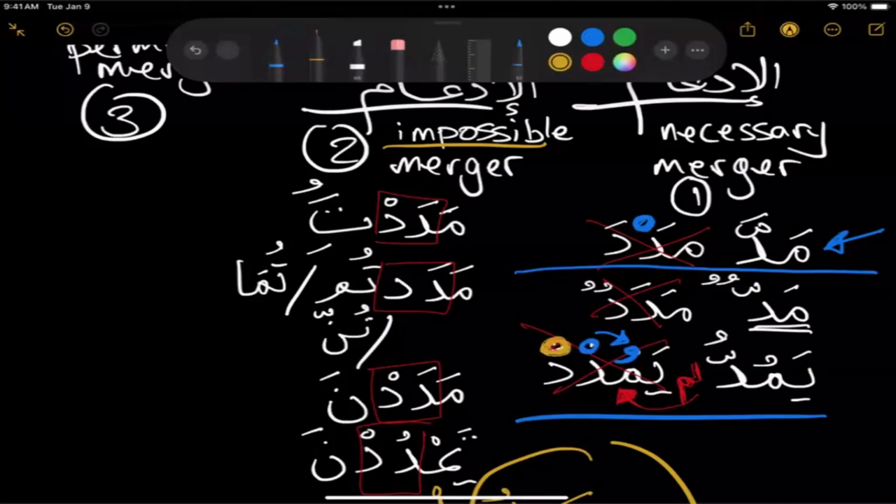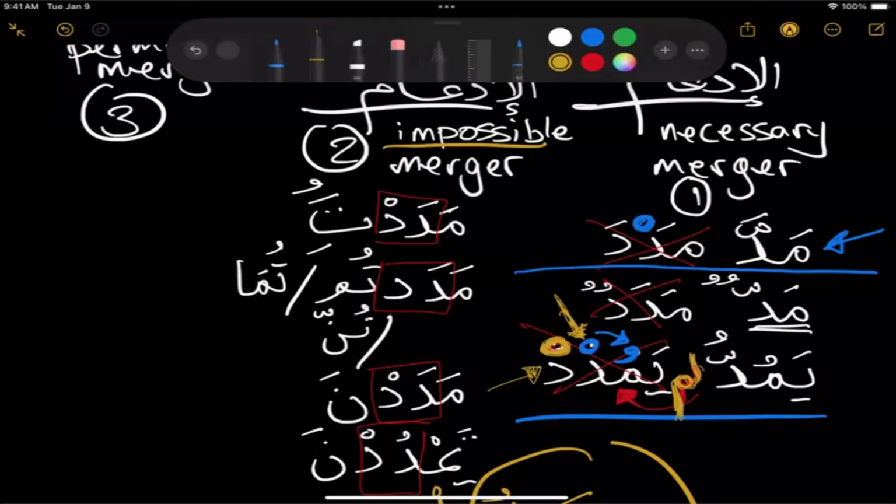So, if the jazm is going to make the verb majzoom, is going to give it a sukoon on the last letter, then that means that the letter before that last letter cannot have a sukoon. So this blue sukoon here, once the jazm comes and puts the sukoon on the second dal, we are no longer able to also have a sukoon on the first dal.